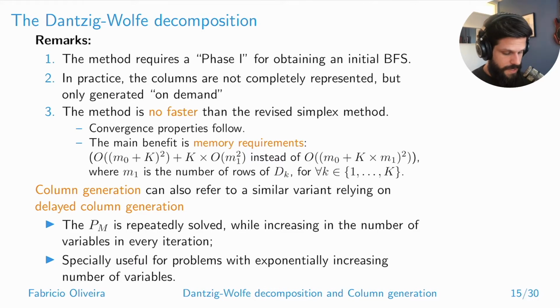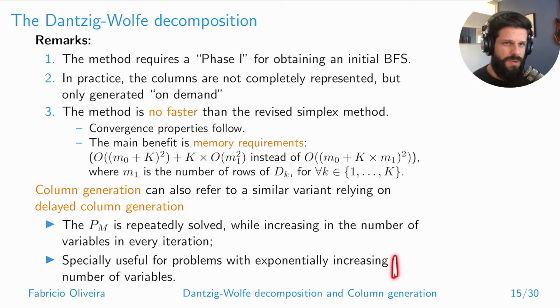So our main problem is repeatedly solved while the number of variables increases in every iteration. This is basically a generalization of what we just saw, but in a context where we would not be using the revised simplex method, meaning our method is not that specialized but works on the same principle, where I'm adding variables, one per iteration or several per iteration.